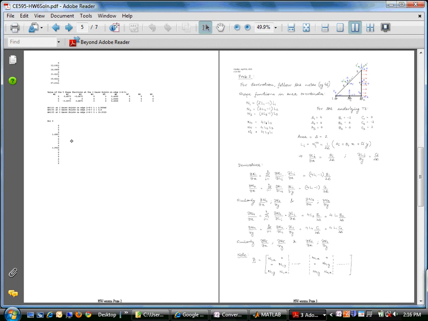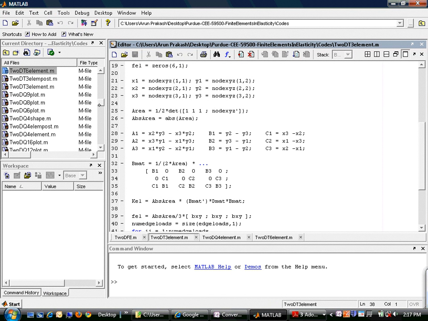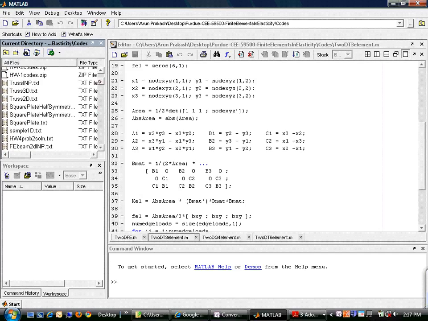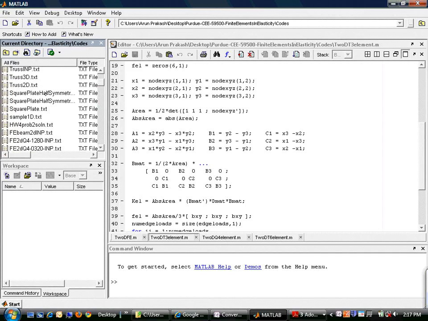So try to run some of these problems. I've given you this code and all these input files, also some of the plates. So this is the problem with the square plate half symmetry with the T6 element. In the solutions I've given you all these problems. Try to run these problems. Go through the code using the debugger. How many of you are using the debugger? Okay, so that's good.